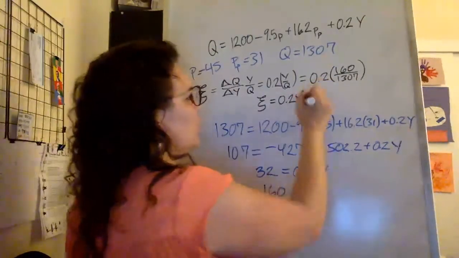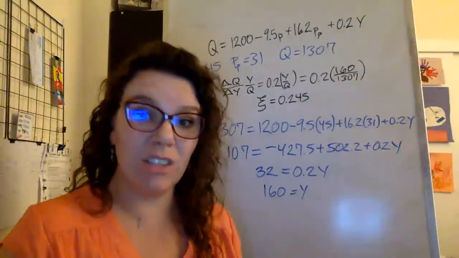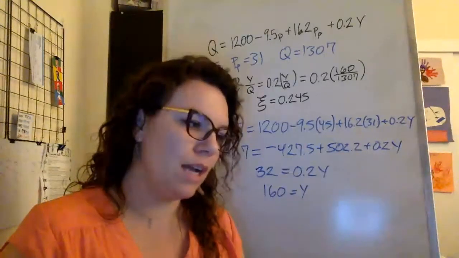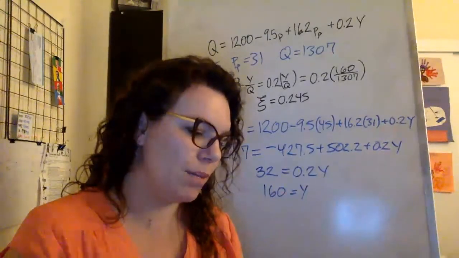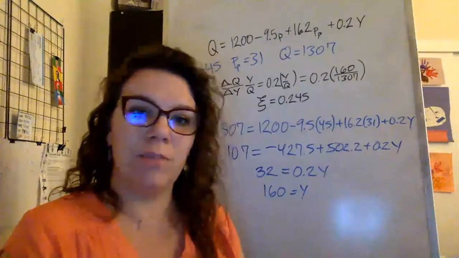I'm going to call it 0.245. Sound good? Make sense, kind of? We didn't spend a ton of time talking about income elasticities, I don't feel like. So let me know if you have any questions about them.